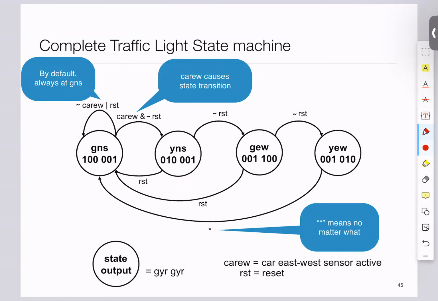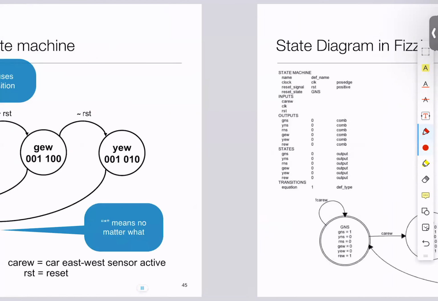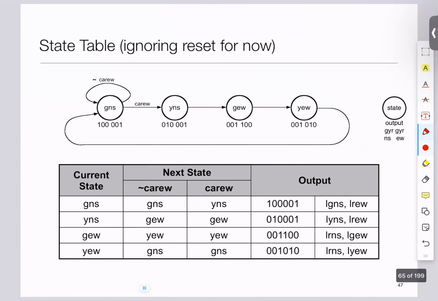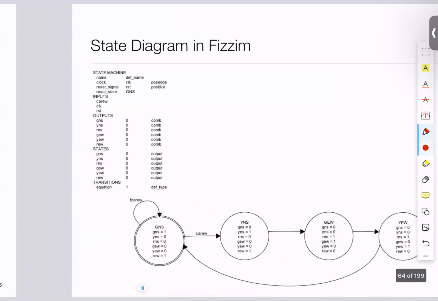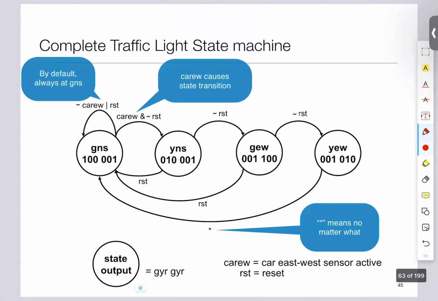Okay, let's see. So let's assume what we have is a diagram at this point. In this case, we made this diagram given some specification in plain English. In some other cases, you may already be given this, right?